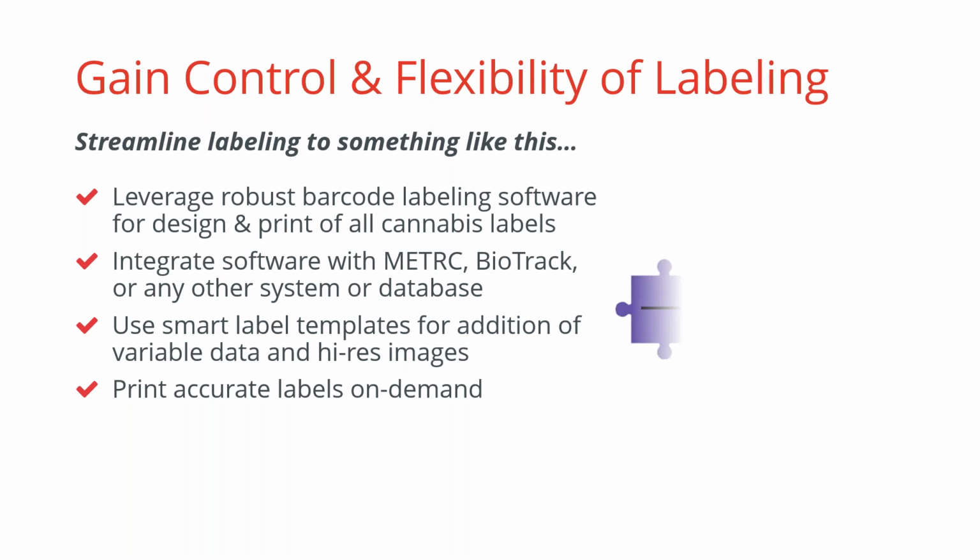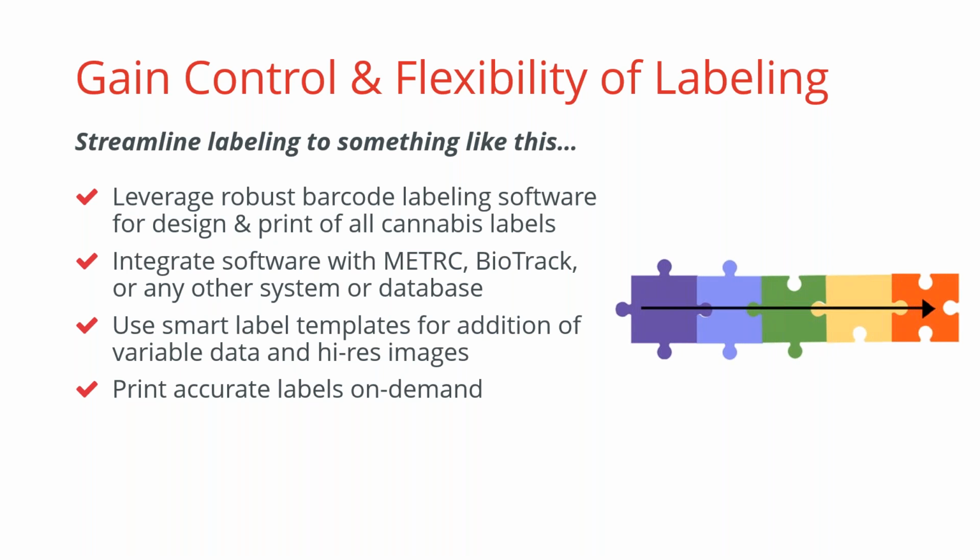All right, so we've discussed quite a few things today. I just want to take a moment to put a pretty bow on it. When it comes to gaining control and flexibility of labeling, we have a couple of recommendations for you, and they tie back into the best practices. We recommend leveraging a robust barcoding and labeling software to print all your labels in-house on demand, integrating with not only your cannabis software system like Metric or BioTrack, but also pulling in those high-res graphics to print accurate labels on demand.